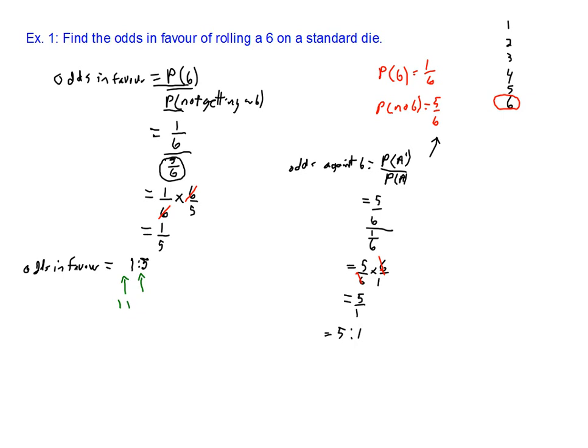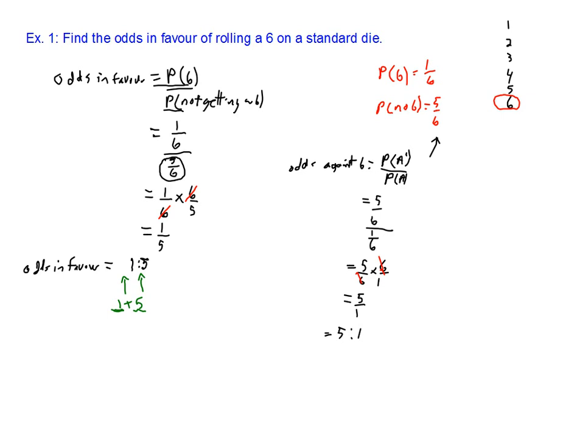So the 1 plus the 5 gave us the 6. That shouldn't come as a surprise because the 1 was the number of ways to have a success, which meant that there were 5 ways to have failure. So we should be able to add those together and figure out the total number of outcomes. So that's useful if we want to go backwards, and we'll see that in the next example.